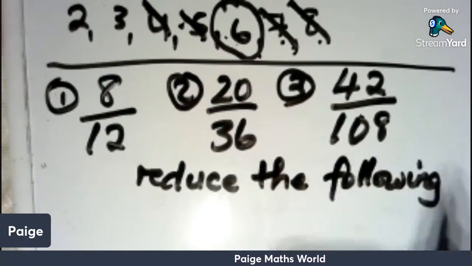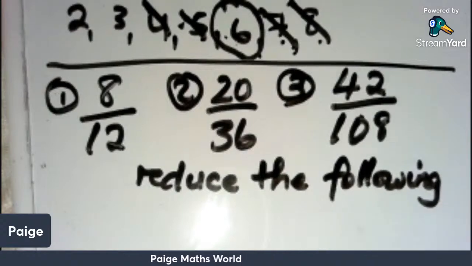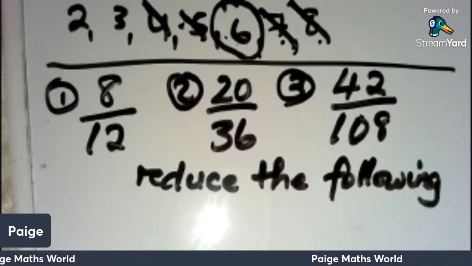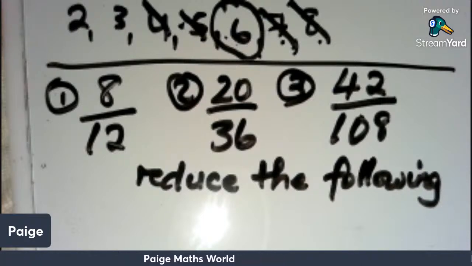Reduce the following, and then give me your answers in the chat. Again, please don't just type your answer. You have to say number 1 is this, number 2 is that, because I'm not going to know which one is which. And then the answers are going to be coming in all at once. So do it that way so I can know what is what.